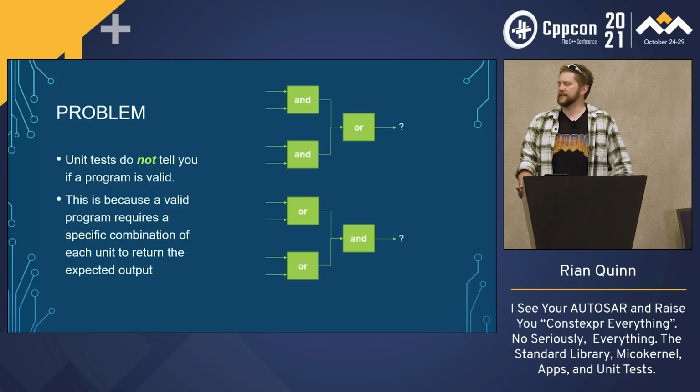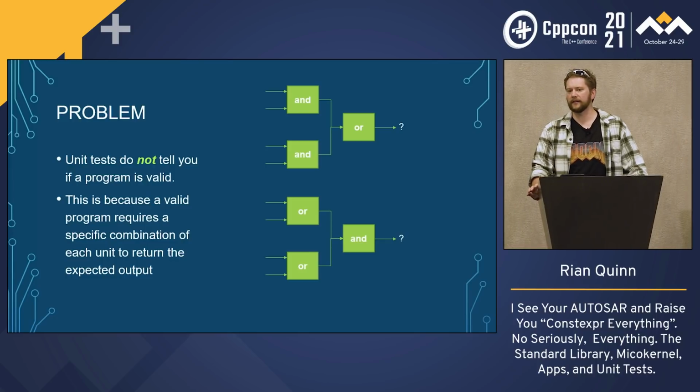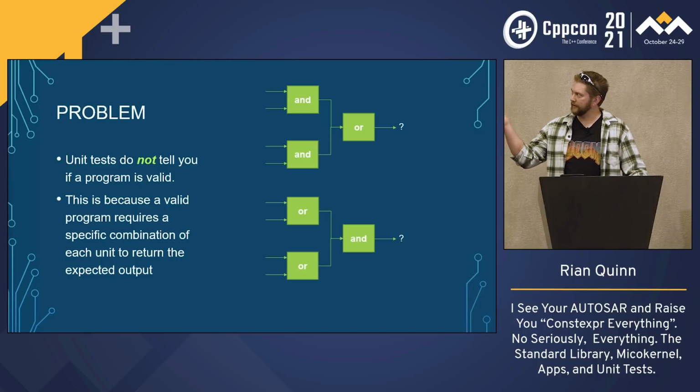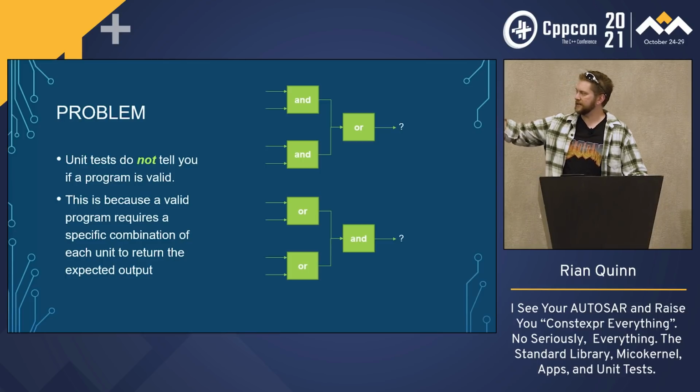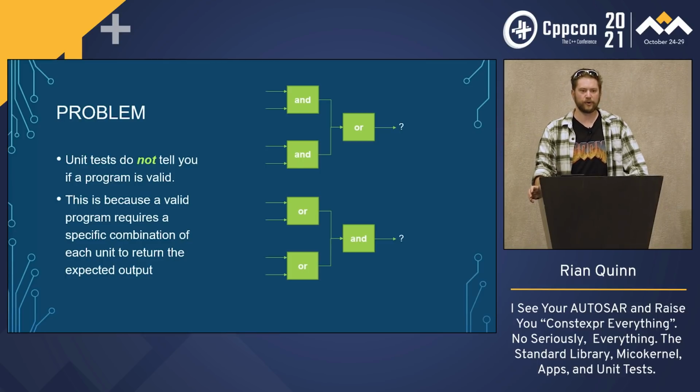The problem with unit testing is that it won't tell me if I have a valid program. In this example here, I have different combinations of different subcomponents. I have some AND gates and some OR gates. And I've unit tested the OR gate and the AND gate to prove that both of those do exactly what they're supposed to. Given all inputs to the OR or AND gate, I get the expected output.